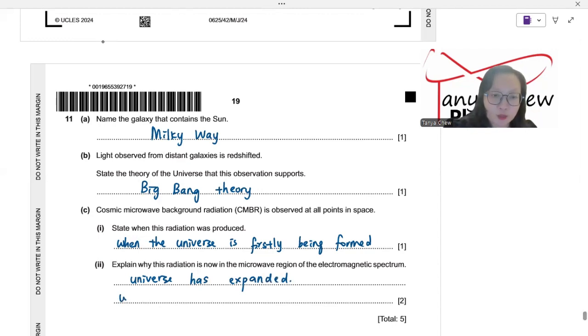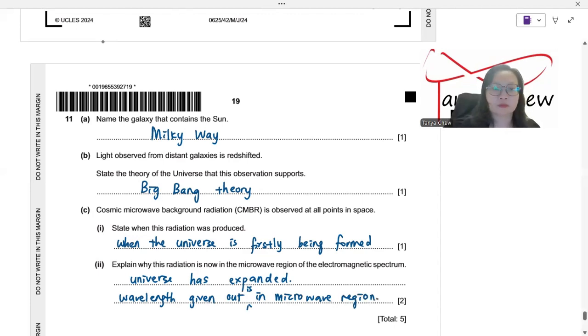Okay, and the wavelength given out is in the microwave region. Right? It has already cooled down. Last time it used to be very, very hot when it firstly formed, and then it gives out the wavelength in terms of microwave. So that's the end of the discussion.